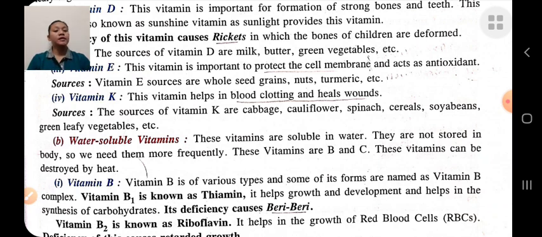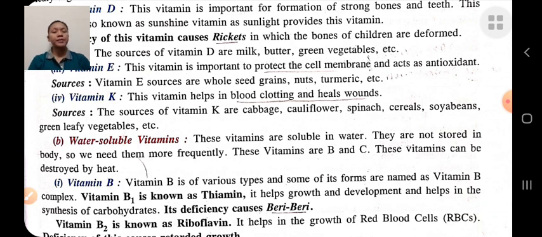If there is any injury, it helps clotting of blood, and also helps in healing the injured area. The sources of vitamin K are cabbage, cauliflower, spinach, cereals, soybean, green leafy vegetables, etc. And this is about the fat soluble vitamins.